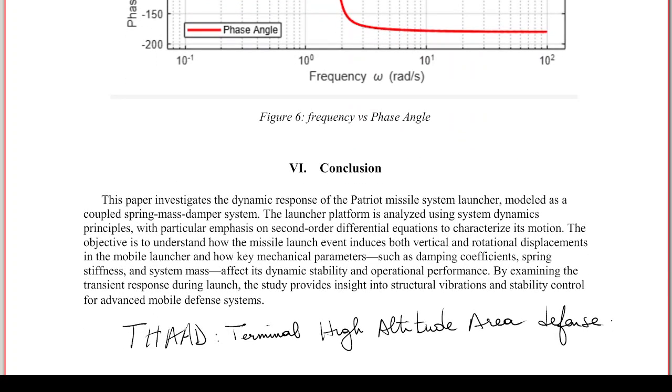So our paper investigated the dynamic response of the Patriot missile system, which was fantastic, and we modeled it as a spring mass damper system. The launcher platform was analyzed using system dynamics principles, such as modeling the launcher as a second order differential equation system to characterize the vertical and rotational motion of the system, and also how the stiffness and the damper affect those dynamics.